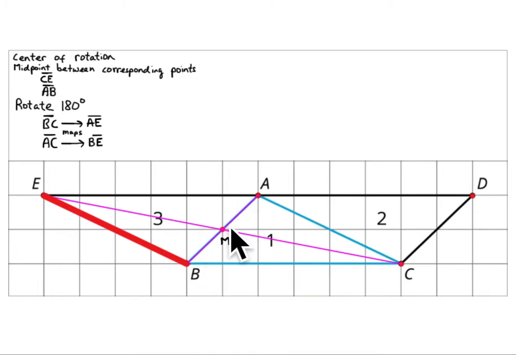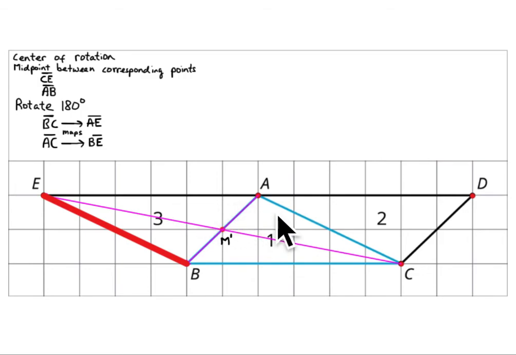We're going to spend a lot of time looking at those angles in a couple lessons from now. And likewise, this angle right here, ACB, rotates around and forms this angle, which is DAC. So it ends up right here. So this angle is equal to this angle, and this angle is equal to that angle.